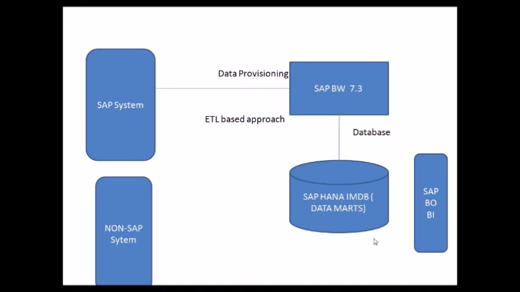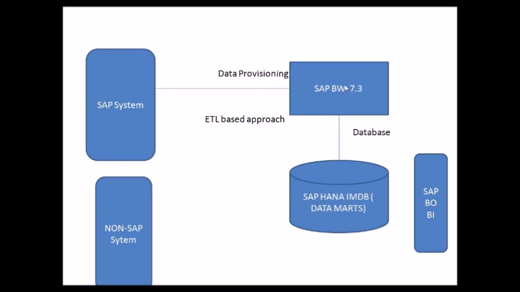Right? Now we have been talking about BW, and now I am talking about SAP HANA. SAP HANA is an in-memory database, so it can be used for data marting also.